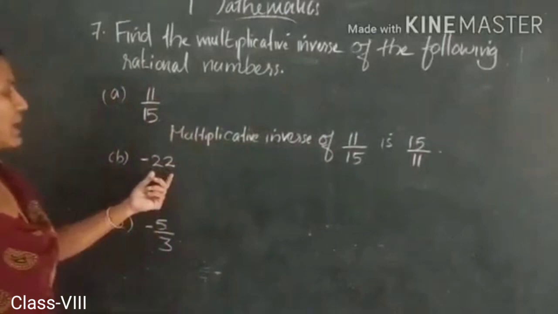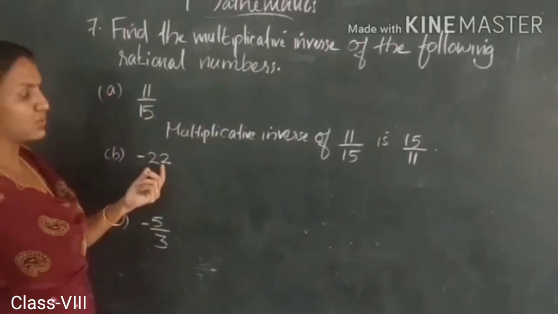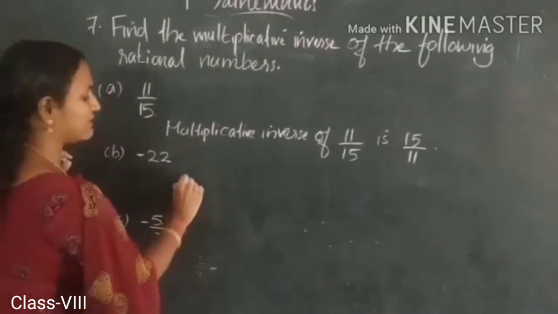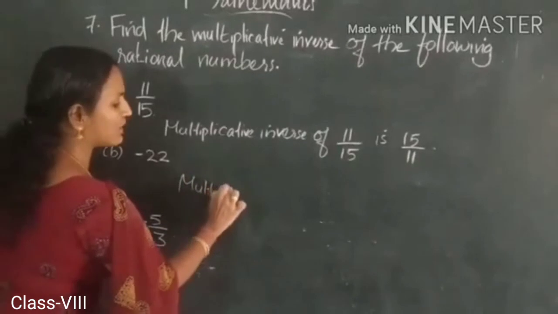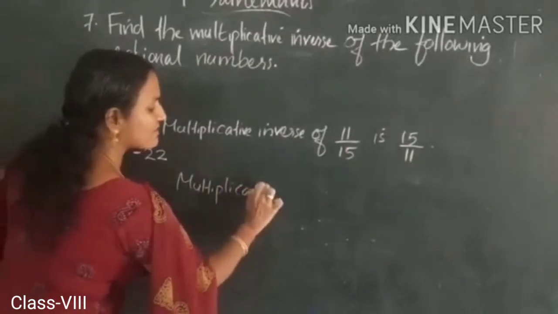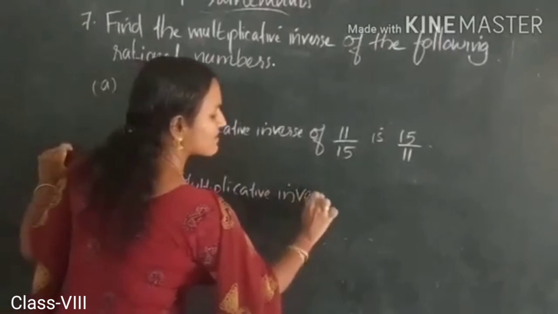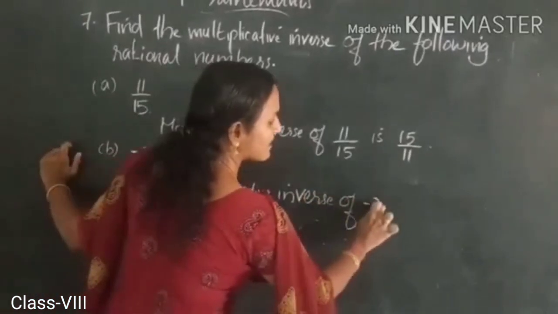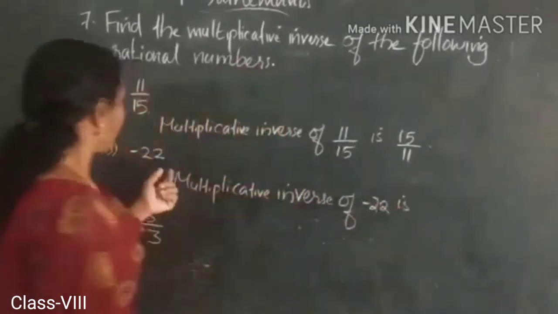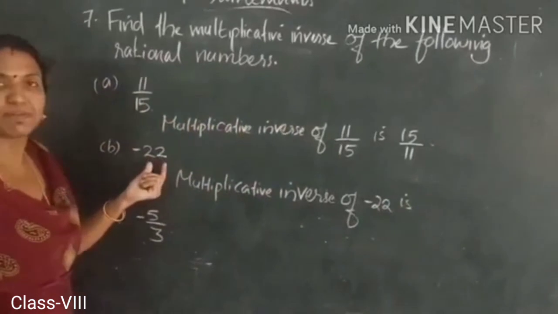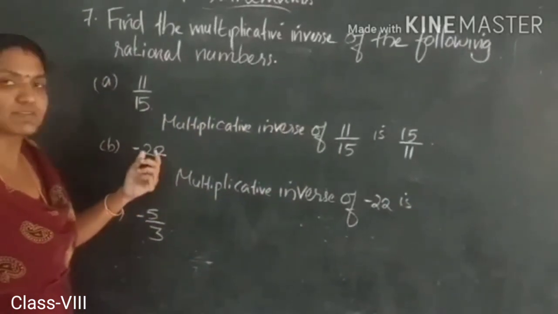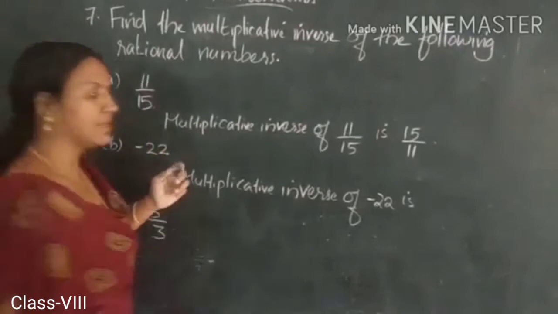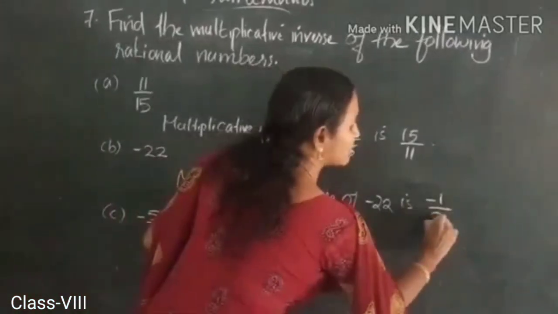The next one, minus 22. So the multiplicative inverse of minus 22 is, minus 22 means minus 22 divided by 1. Okay, so reciprocal means 1 by minus 22. That means minus 1 by 22.